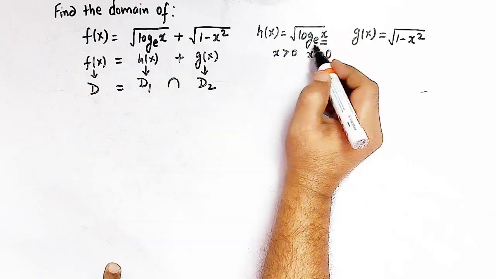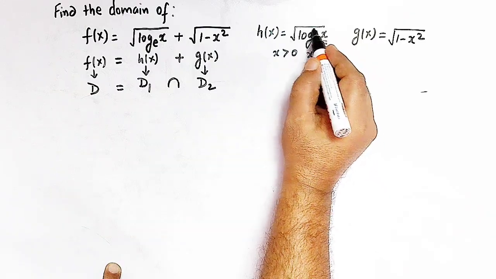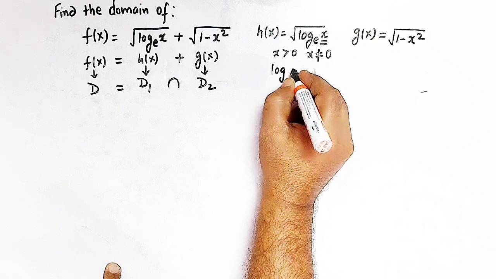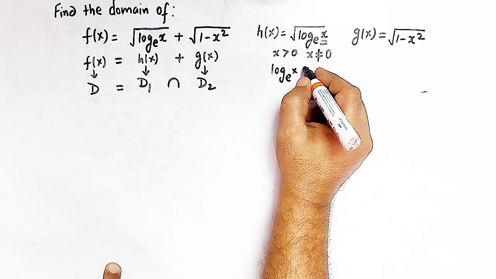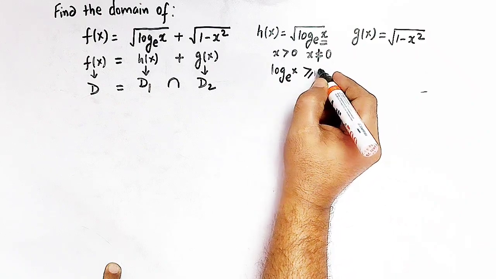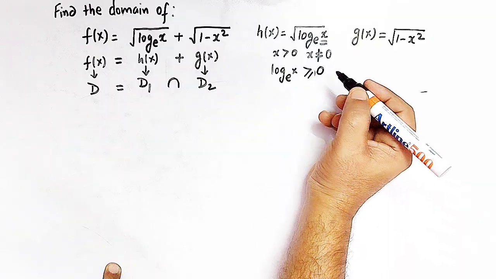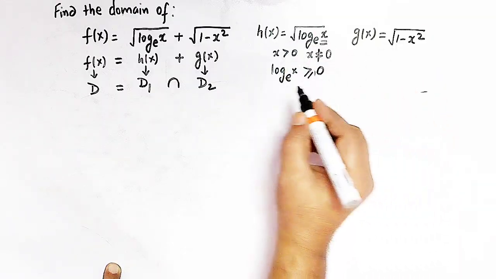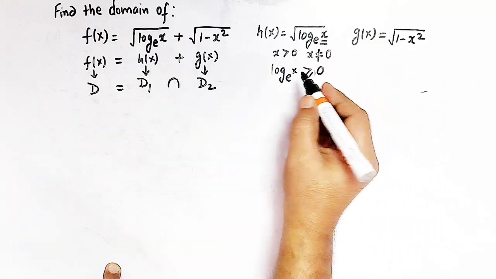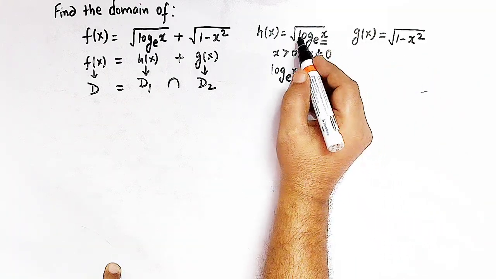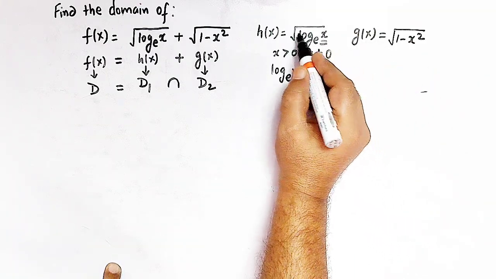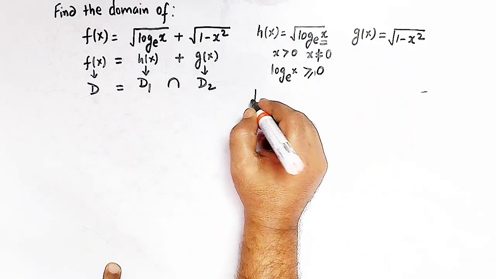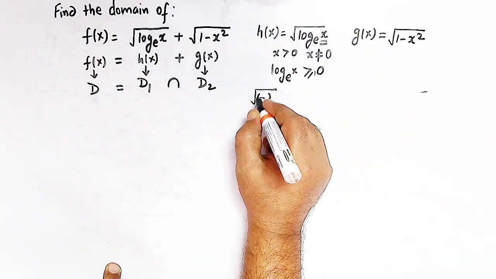And the second condition is that this entire term, that is logarithm of x to the base e, should be greater than or equal to 0, because here inside the square root sign we cannot have a negative quantity, because if we have a negative quantity inside the square root sign, then we have the complex number, right?